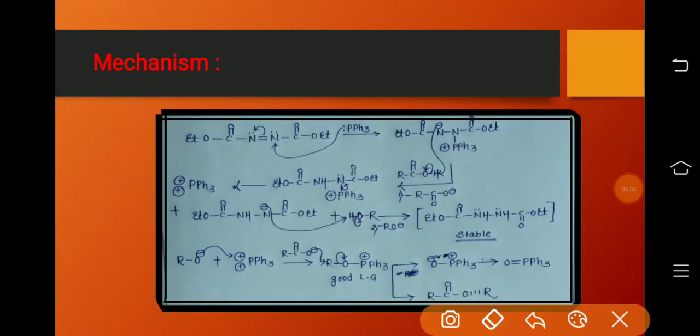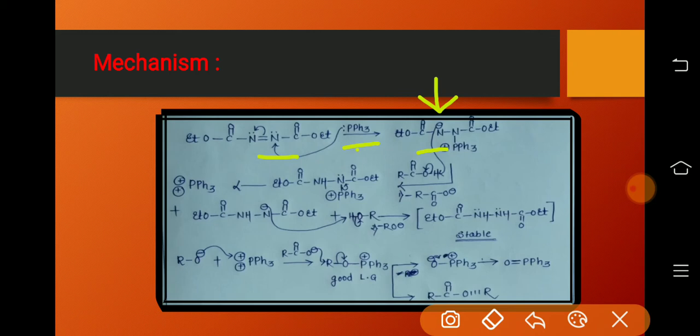Therefore, in the first step, the lone pair of electrons from triphenylphosphine is added into the pi star antibonding orbital of nitrogen. This will create a negatively charged nitrogen, which is more basic, hence it is in search of an acidic proton.